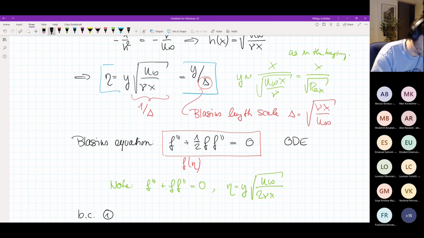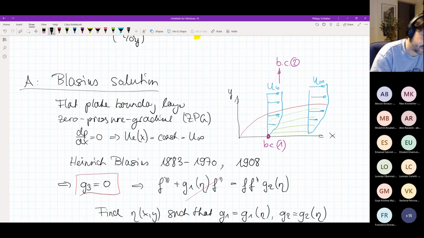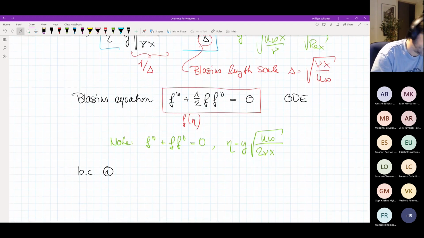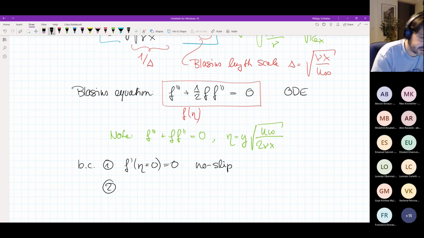We had boundary condition number 1, at the wall, where we say that f prime of eta equals 0 is 0. So that's the no-slip condition. And then the second boundary condition is in the free stream. Again, f prime of eta going to infinity should be 1. That's in the free stream.